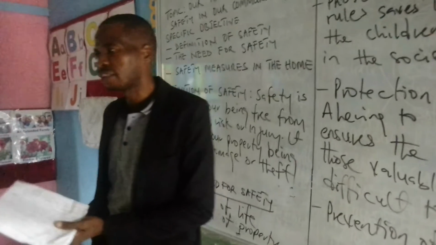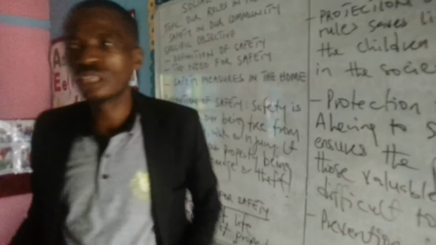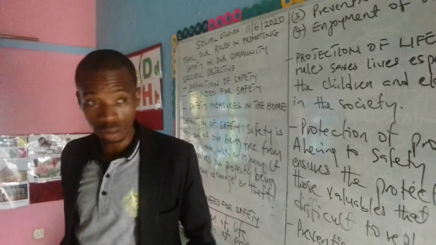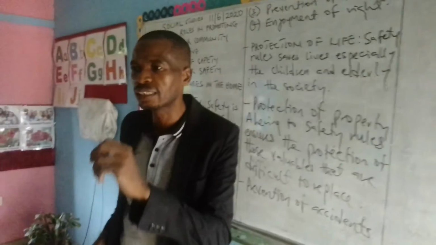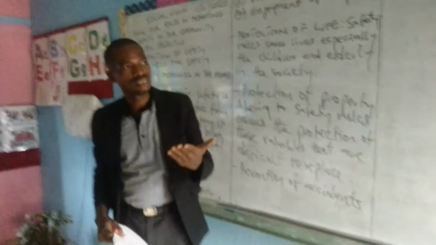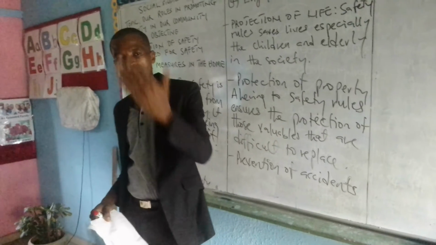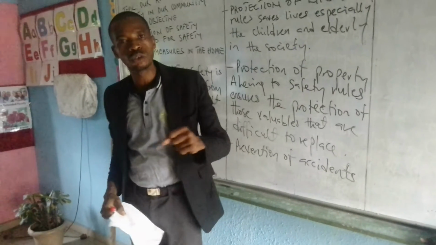Prevention of accidents. What do we mean by that? Most of the time, road users must obey the road safety rules and safety signs in order to prevent accidents and be safe. Who are the road users? The pedestrians and those that use cars, big motor vehicles and small motor vehicles.